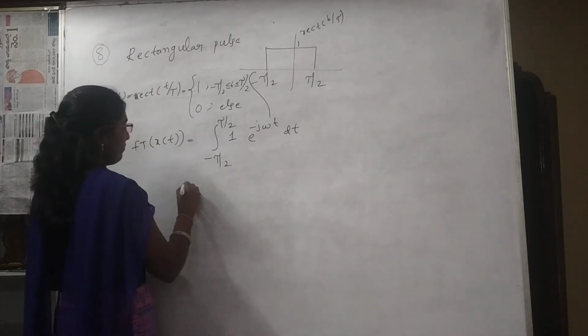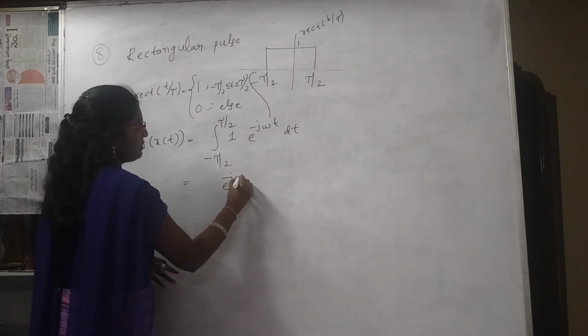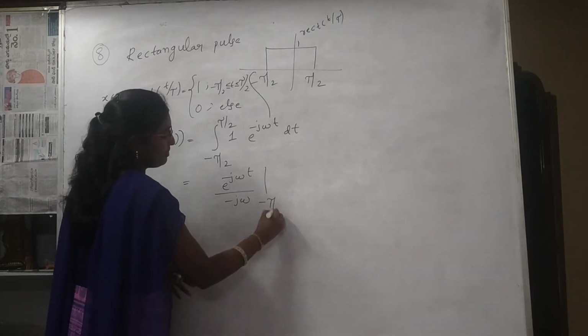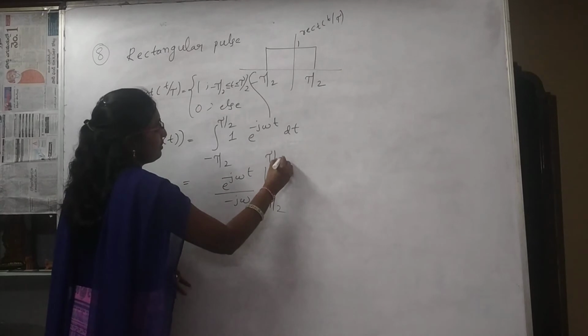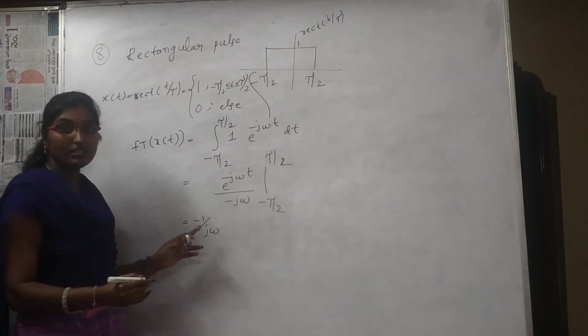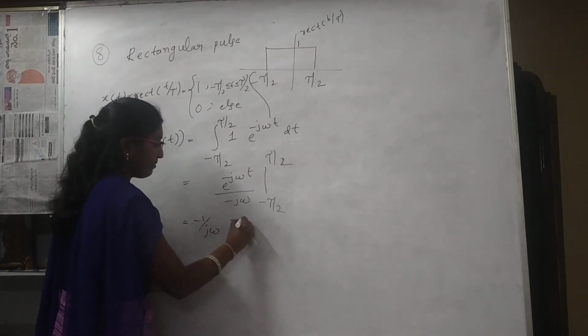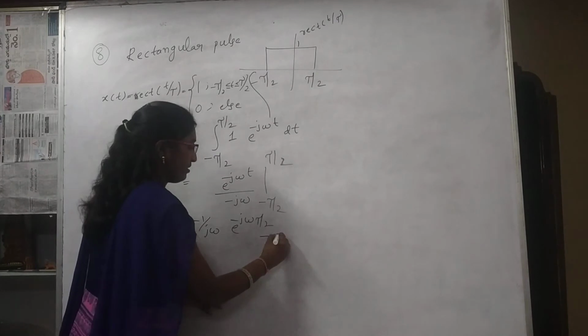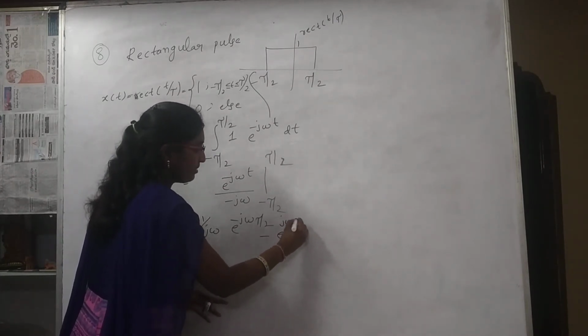Then e power minus j omega t by minus j omega, and apply the limits minus tau by 2 to tau by 2. Here tau is the width. Minus 1 by j omega outside, and substitute the upper limit, e power minus j omega tau by 2, minus e power j omega tau by 2.